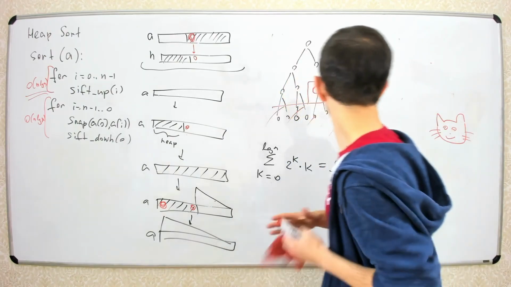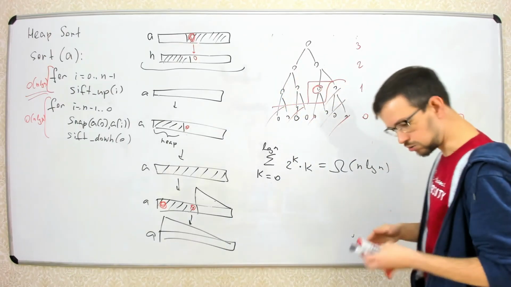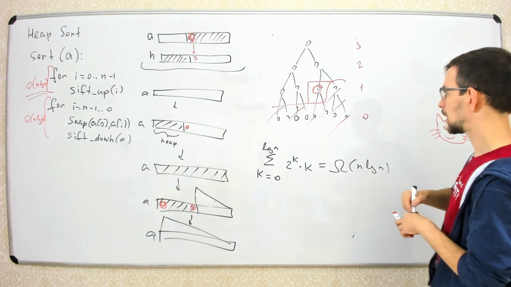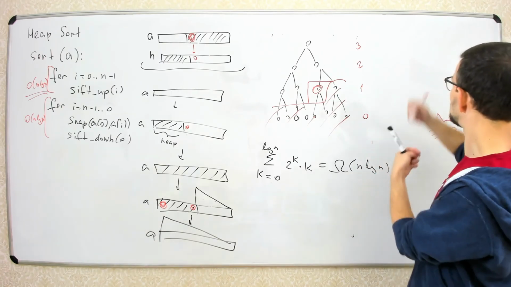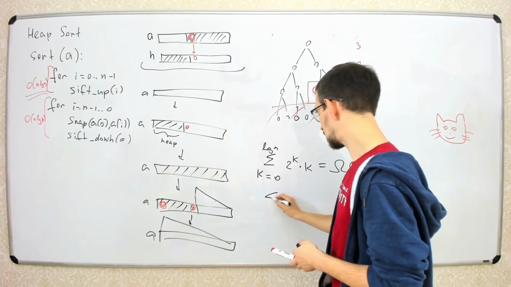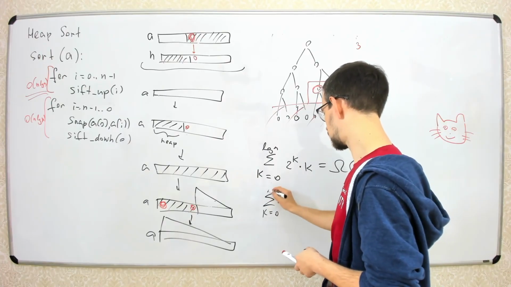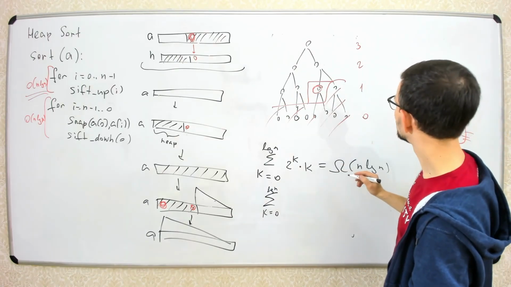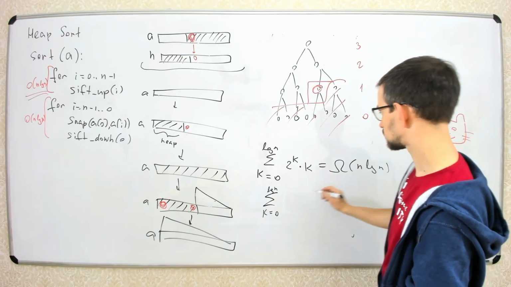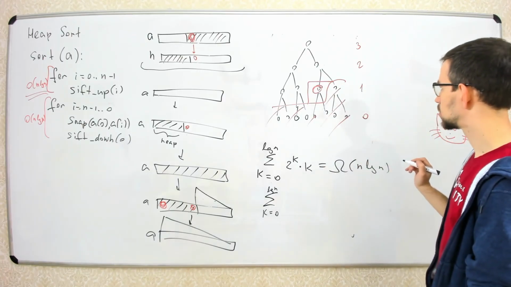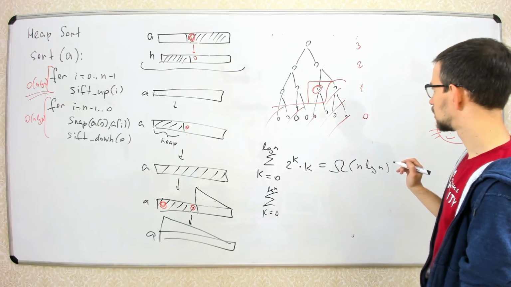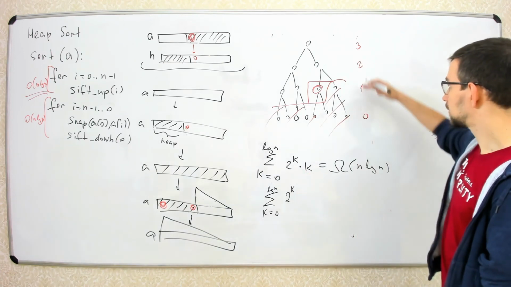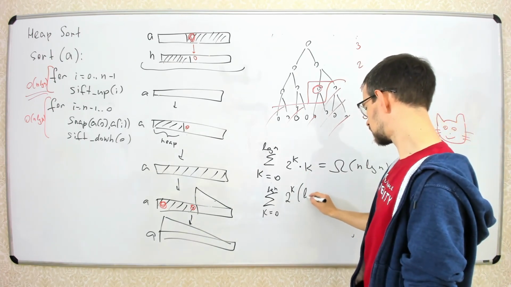What will be the time complexity if we do it this way? Time complexity will be the sum for k from 0 to log n. In layer k, we have 2 to the power k elements, and the number of operations is, let's say, log n minus k.